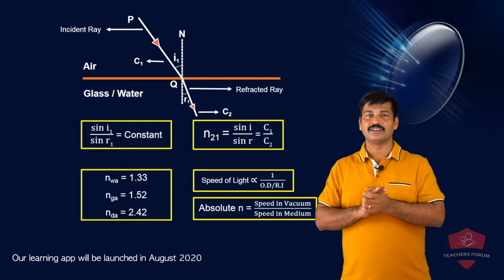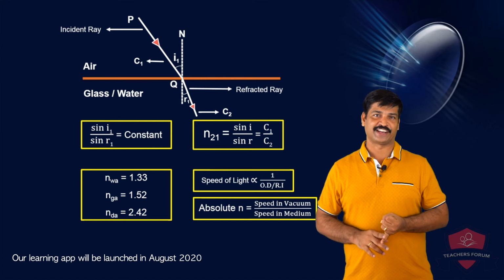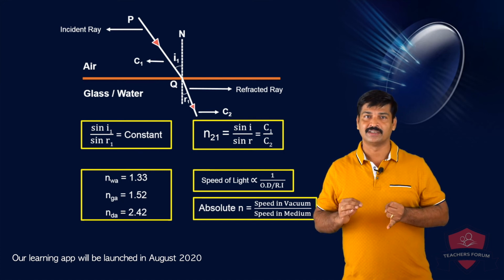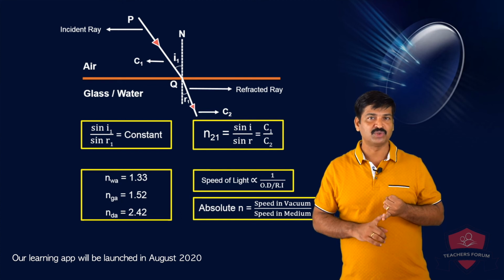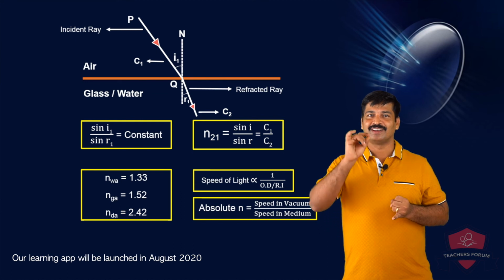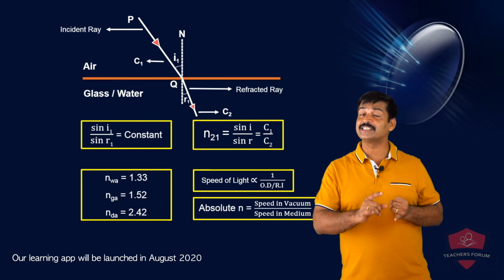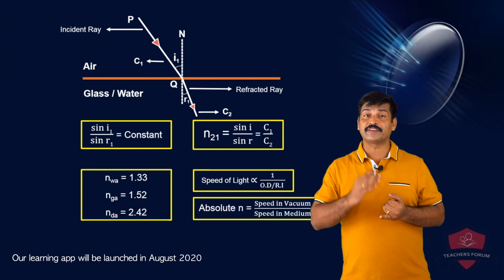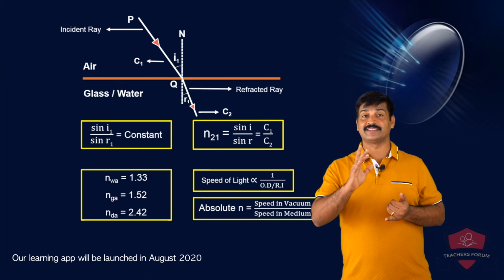So in this session we discussed what is refraction. Refraction is the bending of light when it travels from one medium to another. Why does the bending take place? Because light has different speeds in different media. Next we have seen the refraction through a rectangular glass slab.